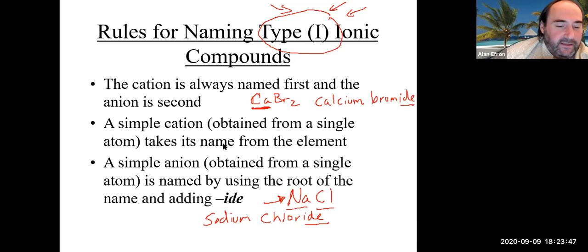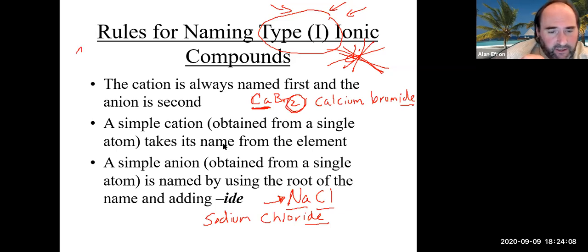Now, the thing that people love to do is, what about the 2? I know I should use a di somewhere in this name because, hey, there's 2. That makes sense, but you shouldn't. The extra 2 there is because of what we were just talking about, to balance out the charge. So again, calcium being group 2 is +2.